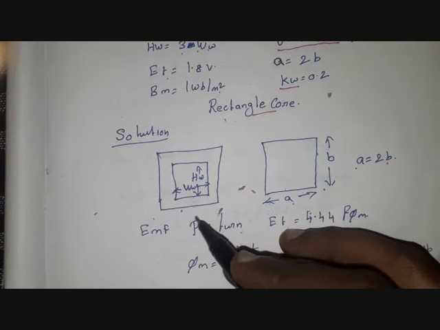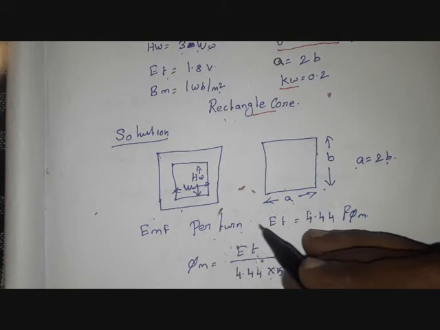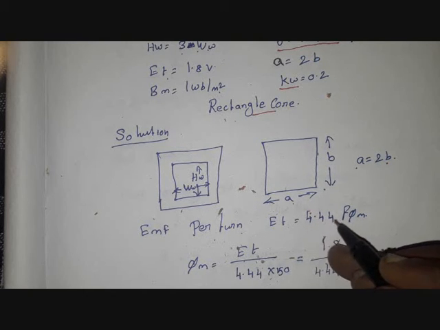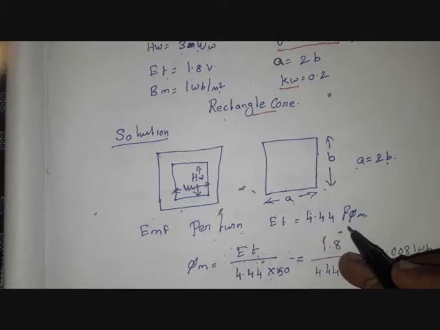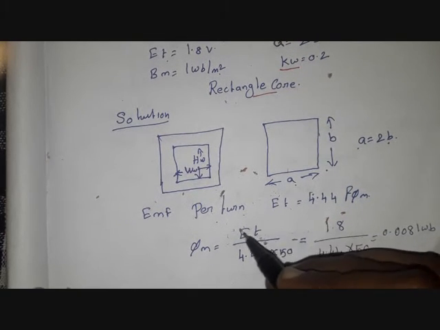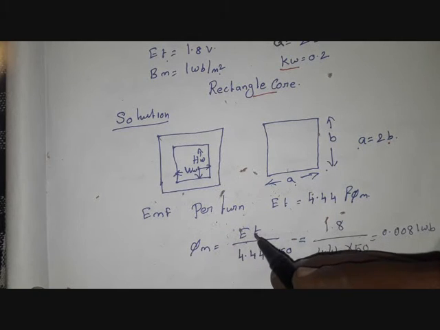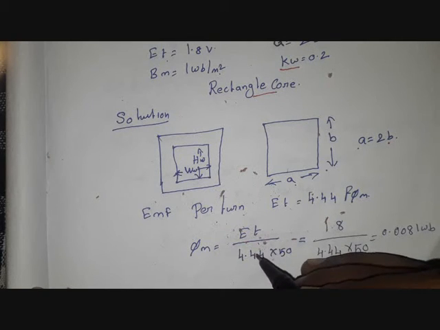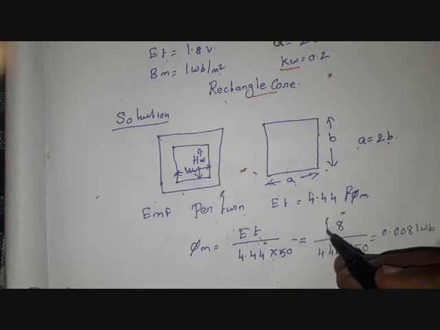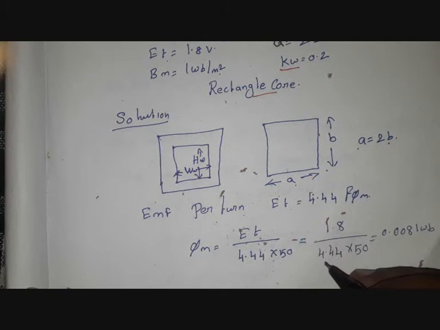Let me take EMF per turn, that is taken as Et is equal to 4.44 f phi m. We did not have the phi m value, so we can find it by using this formula. So phi m is equal to Et divided by 4.44 into 50. Let me write, the value of Et is 1.8 divided by 4.44 into 50.